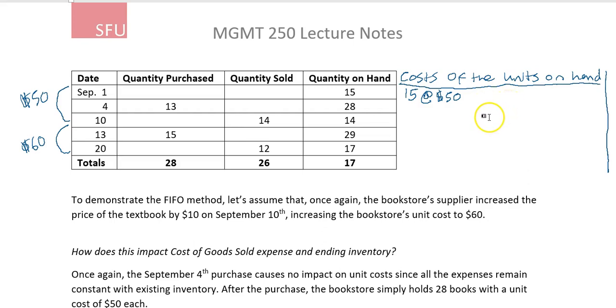On the contrary, if there were to be a sale, I would make sure that the units come out of the block on the left first, because those are the oldest units that I have. So under the FIFO method, whatever is the oldest should come out first. So try filling in the rest of this table, and we'll cover it in the next video.